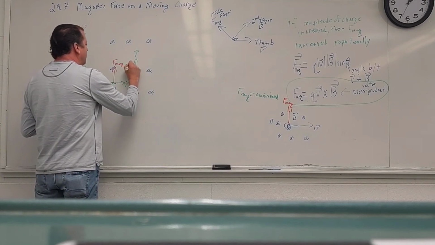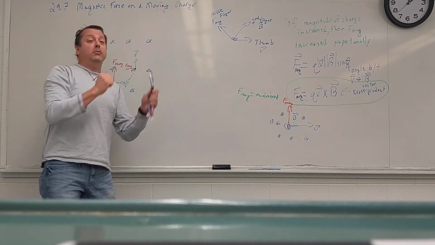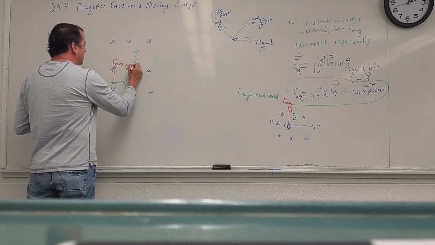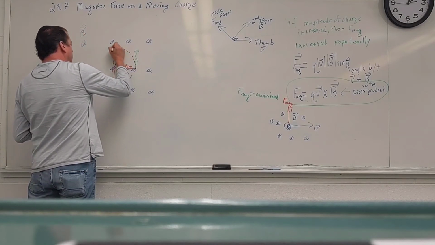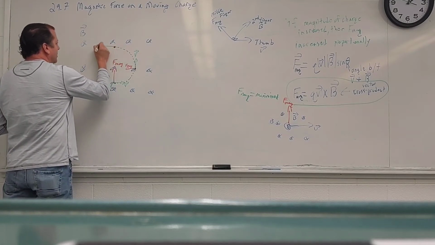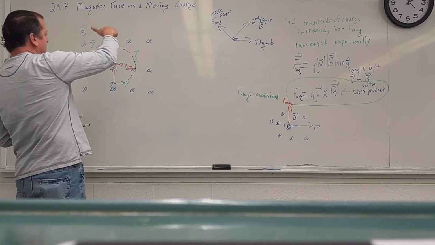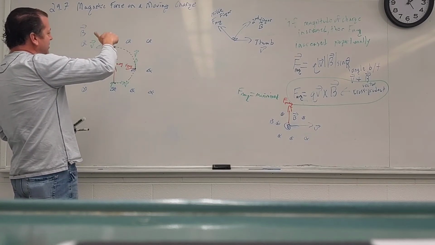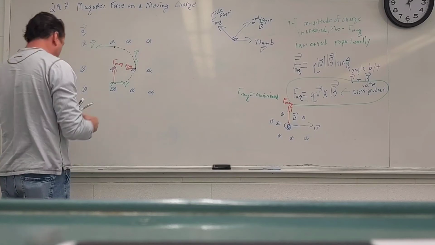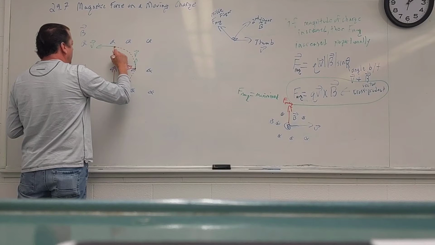So now here's my magnetic force. I'm going this way, and I start going back the other way, getting pushed in this direction. Right here my velocity vector is in this direction, the B field is into the board, and now the force is down. So now I've got a magnetic force going down.